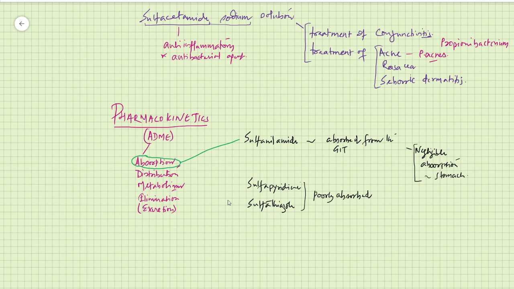We're telling you that it is absorbed from the GIT, meaning it can be given orally. When administered orally, they are mostly absorbed from the intestine and show negligible absorption from the stomach. But there are certain drugs which are poorly absorbed, and the examples are sulfapyridine and sulfathiazole.